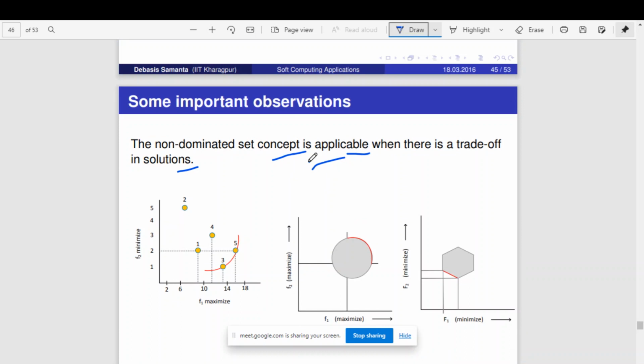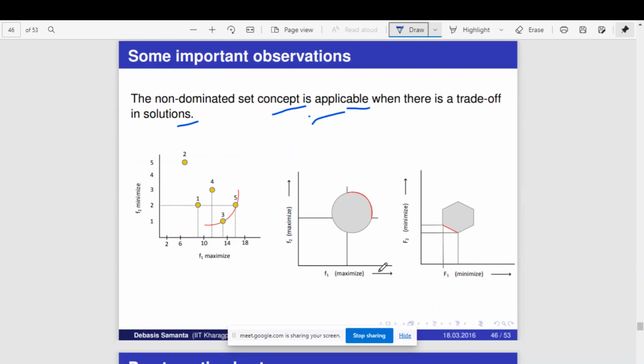So here is an example. Assume that you want to maximize F2 and minimize F1. Sorry, maximize F2 and maximize F1. Both we want to maximize. Assume the function is represented as a circle.